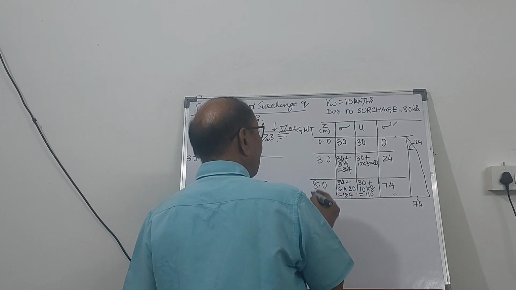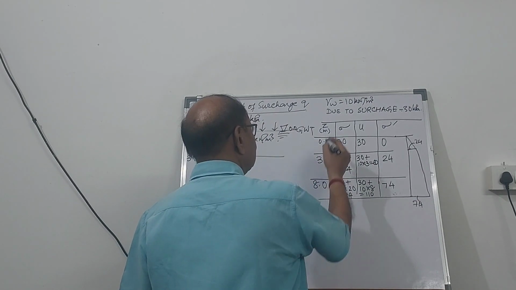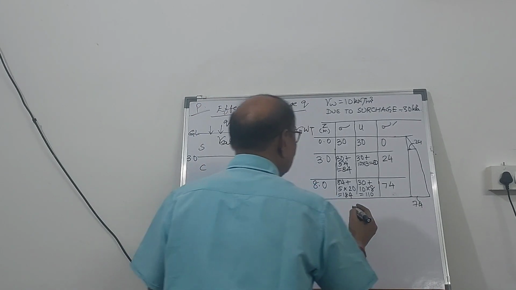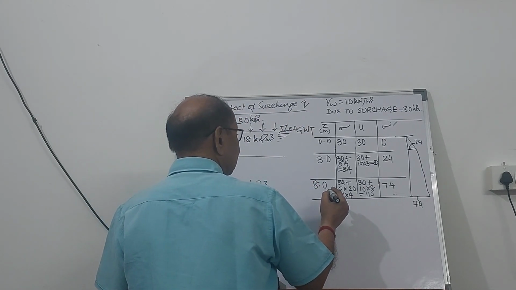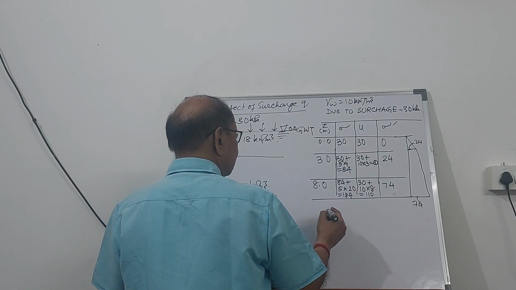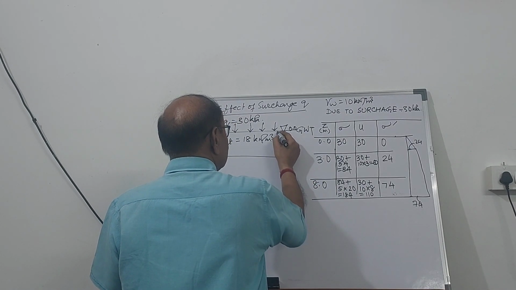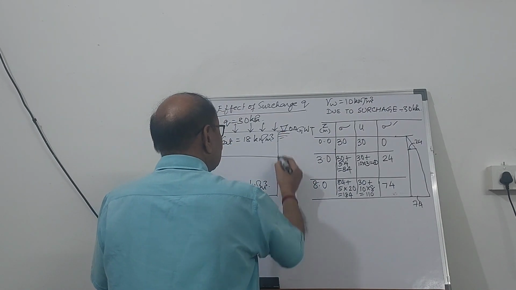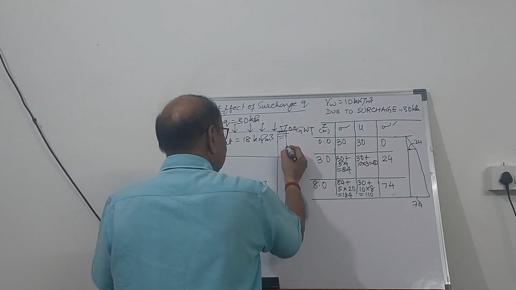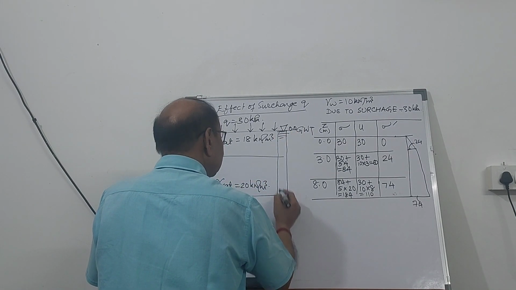And if you want to plot the value of sigma, the total pressure due to surcharge, it is 30.